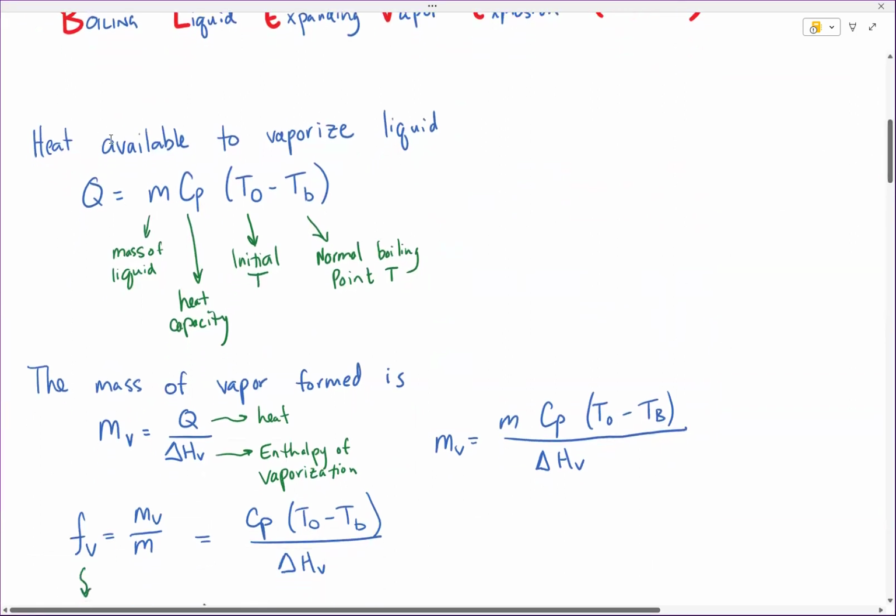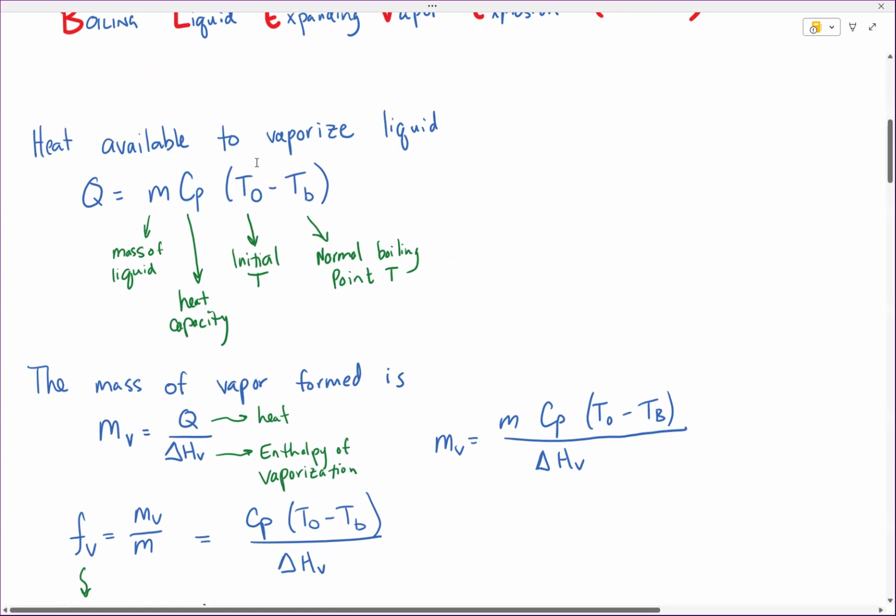The heat that is available to vaporize the liquid is where we'll start. So again, we've got this chemical species that is being stored under pressure. And although the temperature outside or the temperature of that vessel is going to be greater than the normal boiling point, it is still going to be a liquid because the pressure inside that vessel is so high.